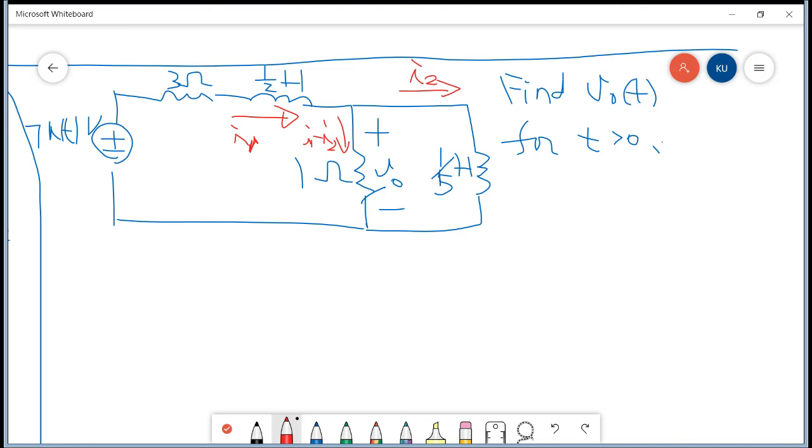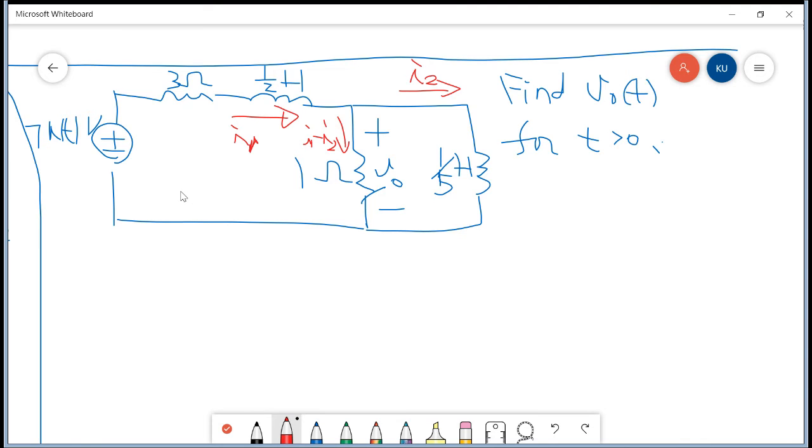So first of all, we would like to find the initial value for t smaller than 0. Then this source is a short circuit.